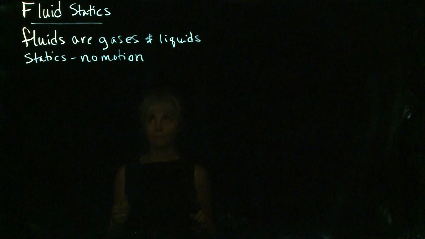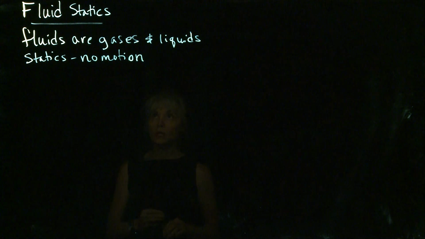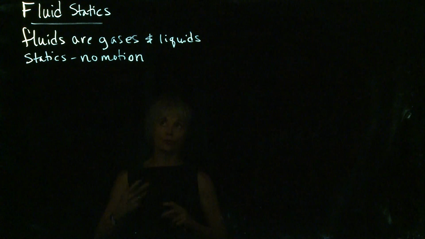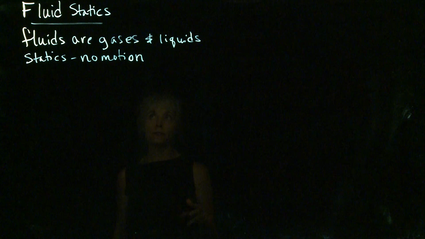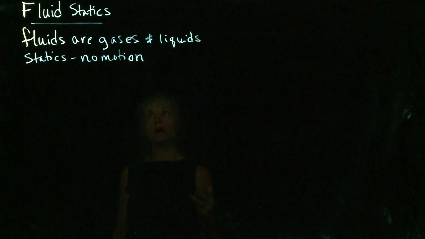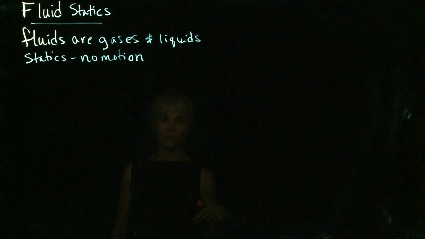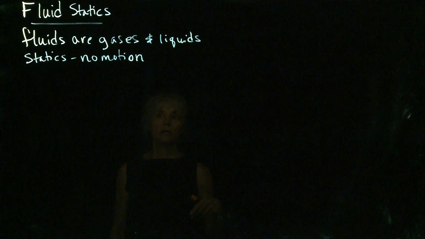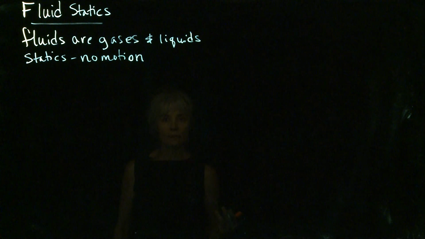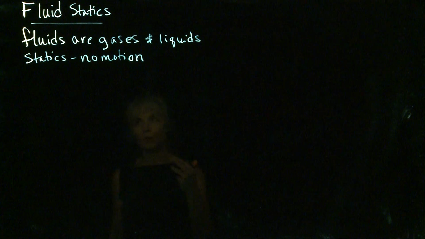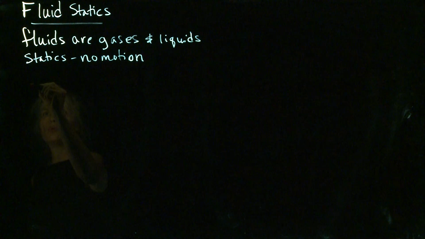Nothing is moving. So in order to introduce us to some of the physics we can use to analyze fluid statics, we need to back up a little bit and recall some concepts that we've learned in the past, somewhere in our past. So one is density.